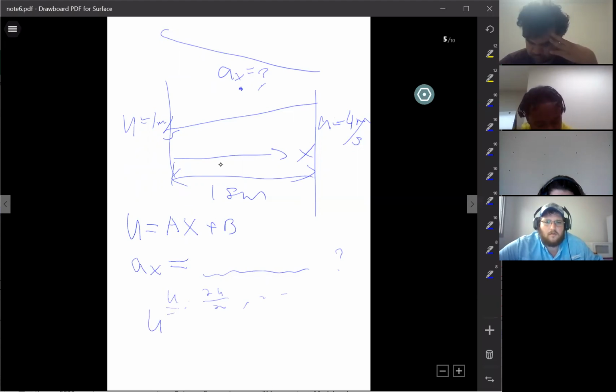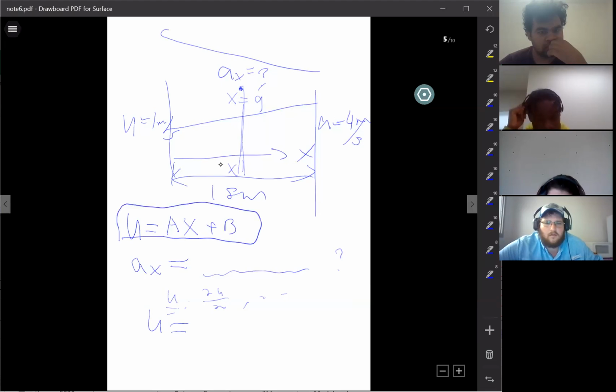What is U equals? So you have the dimension, it's the middle of the duct. Your X of the middle of the duct is 9. Okay, maybe it's not 2.5, what we said previously. But since you have an expression for U, can you find out the velocity at a particular location, which you know? Okay, this is the next step.